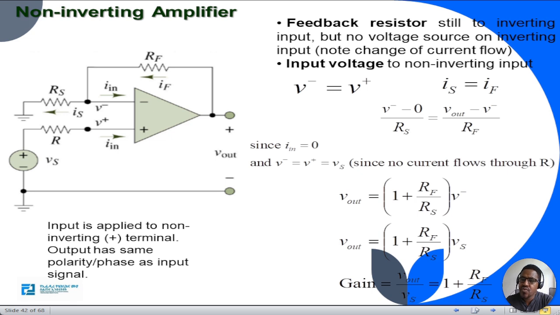Input voltage to non-inverting input. As you see in this circuit, our input voltage goes to the non-inverting. The inverting is grounded, but still the output feedback is to the inverting. So let's determine the gain of this circuit.